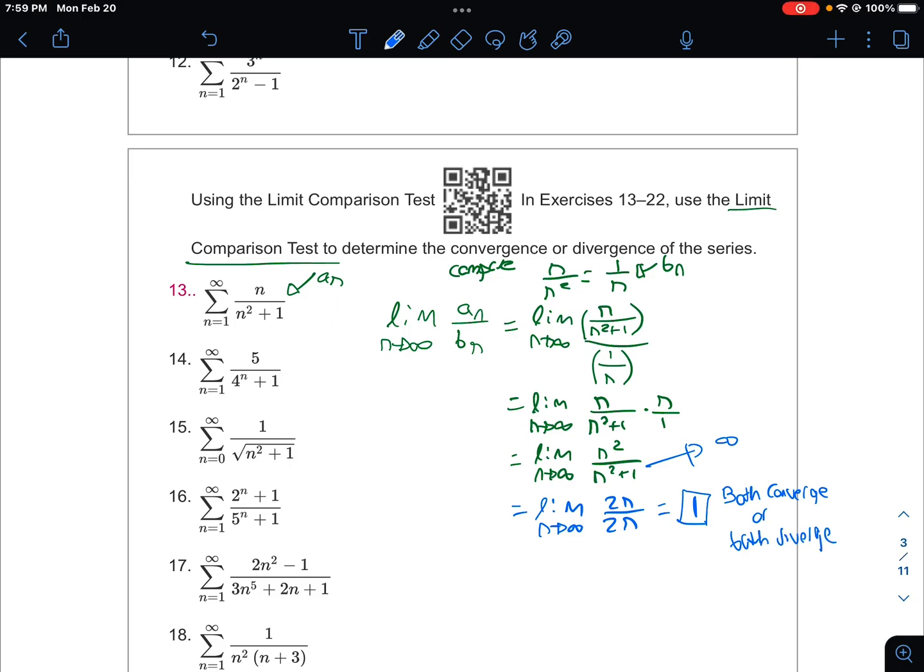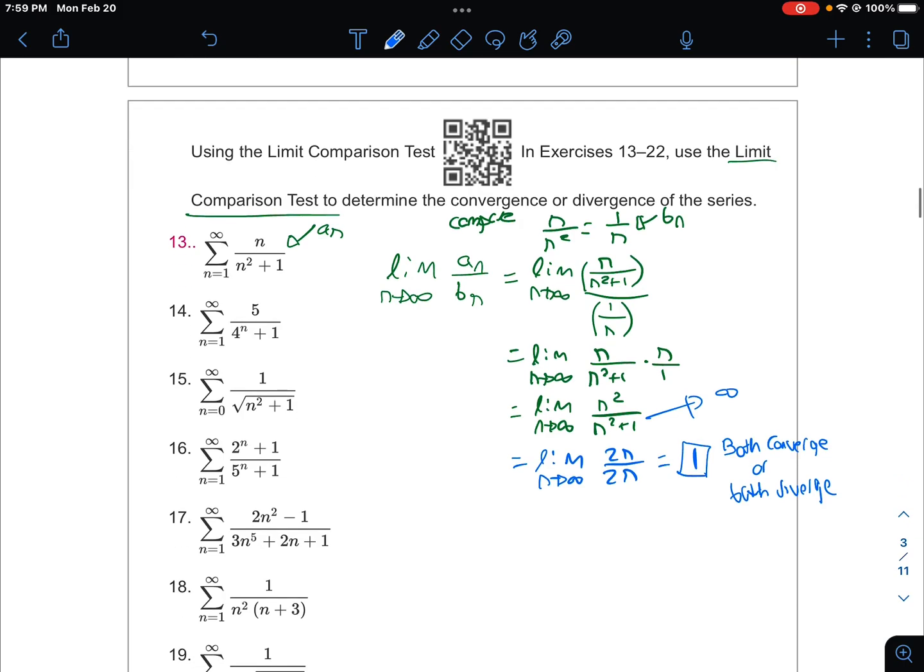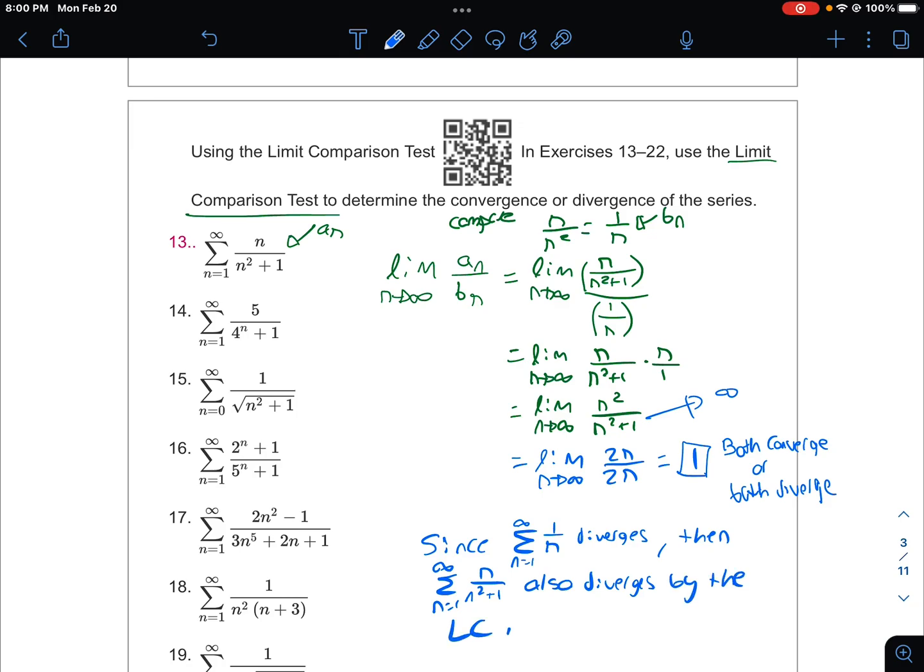Okay. And then what we're going to go through and say is since the sum from n equals 1 to infinity of 1 over n diverges, then the sum from n equals 1 to infinity of n over n squared plus 1 also diverges by the limit comparison test, LCT.